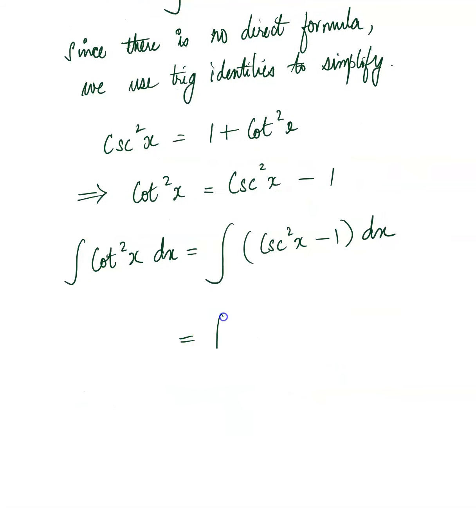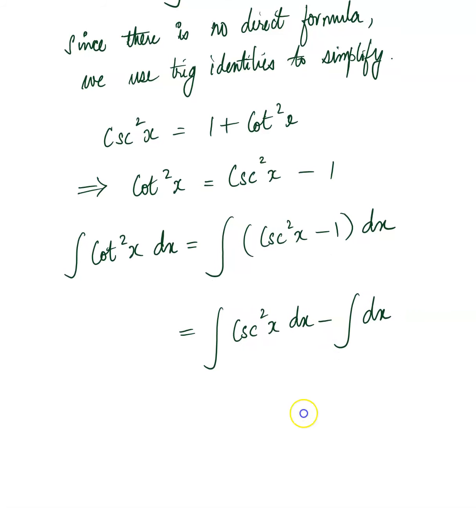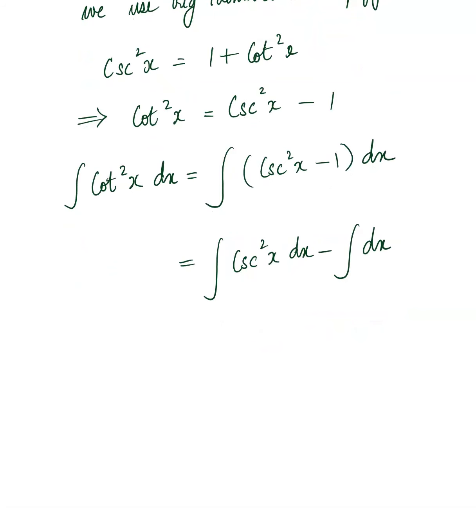And then it's a breeze, because you separate them into two individual integrals, and the antiderivative of cosecant squared x is available to us.